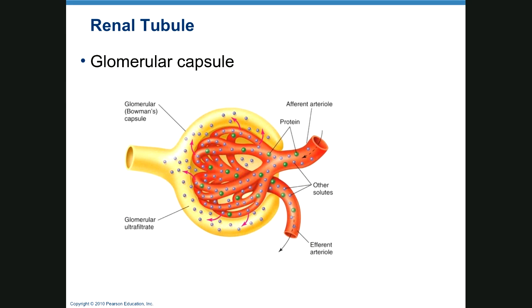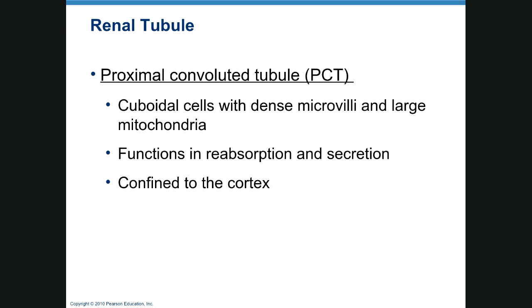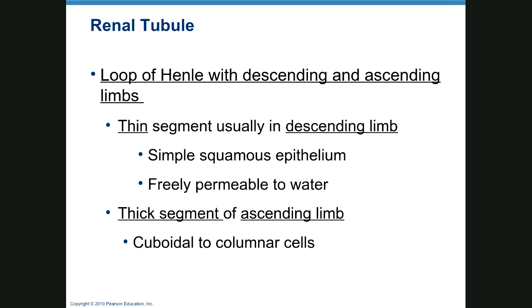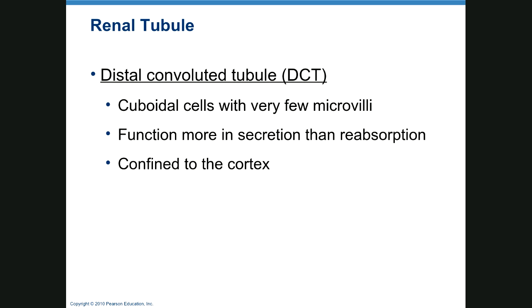Let's look at the tubules first. Proximal convoluted tubule is the first tubule that comes off of the glomerulus, and then the loop of Henle. It's just a loop, descending first, which is thin, freely permeable to water, then thick, less permeable to water. And then distal convoluted tubule.